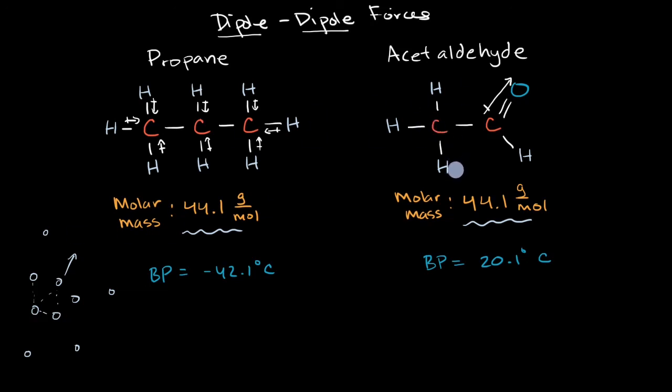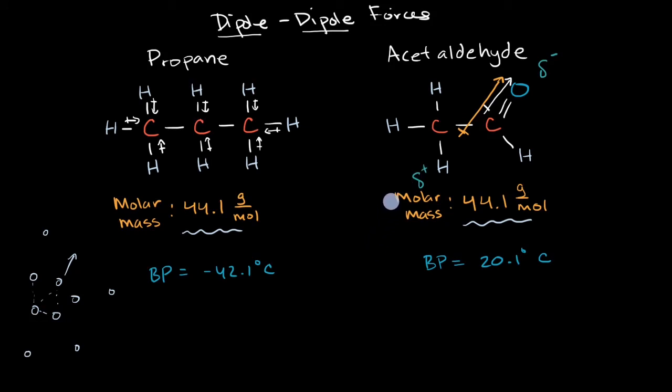It'll look something like this, and I'm just going to approximate it, but we're going to point towards the more negative end, and I'll put this little cross here at the more positive end. And so you would expect a partial negative charge at that end and a partial positive charge at this end.